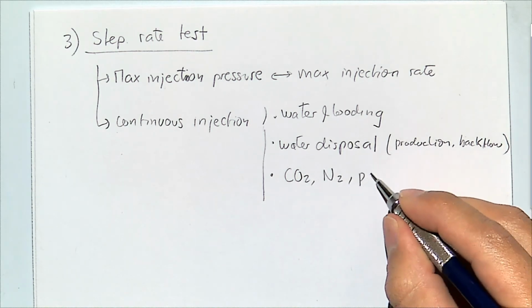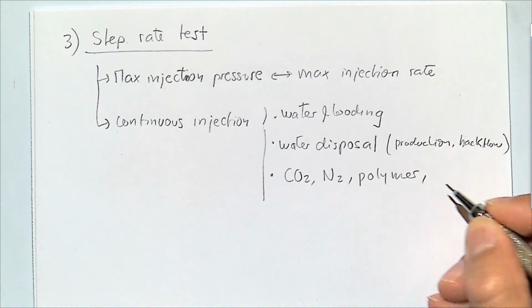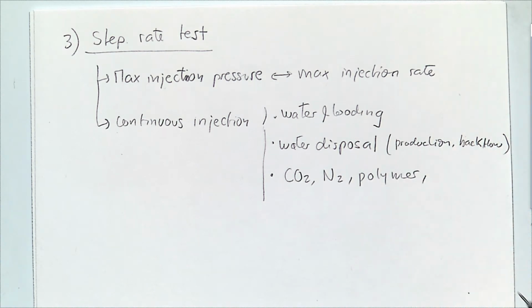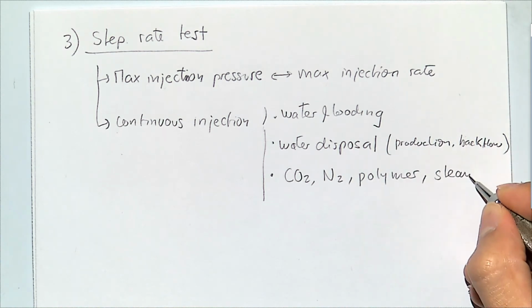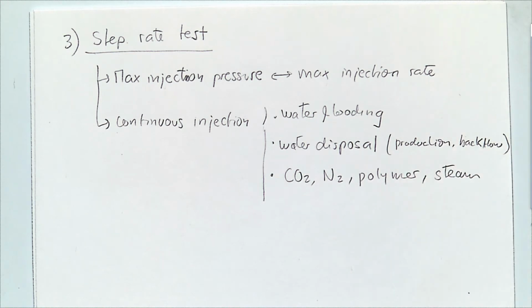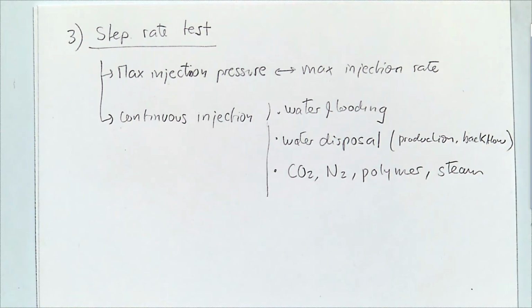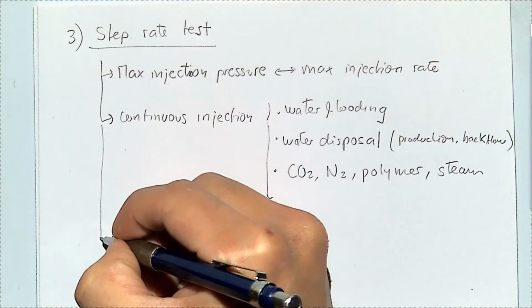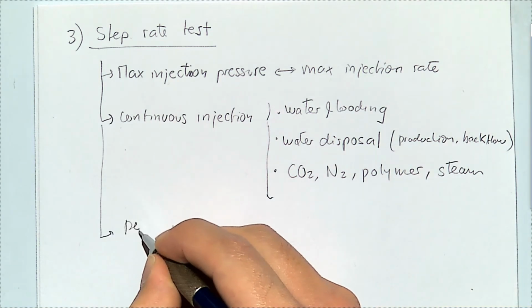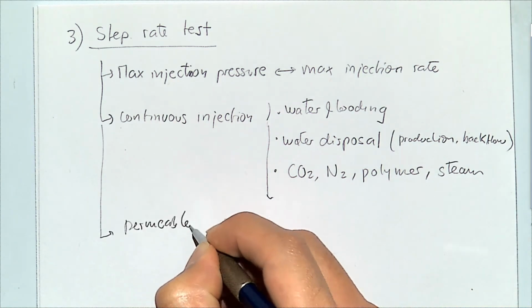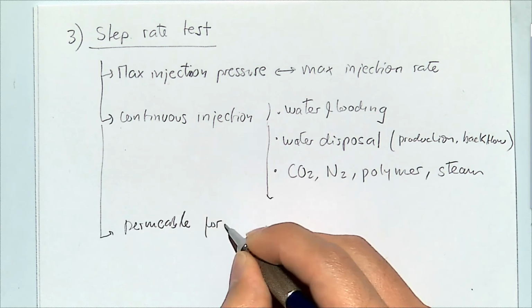You could inject a polymer. And you could also inject steam. And all of these are cases in which we face a problem of continuous injection. And generally, when we're doing this continuous injection, we're not doing it in a tight formation. It's usually done in a permeable formation where you can dispose of your fluids more or less quickly.